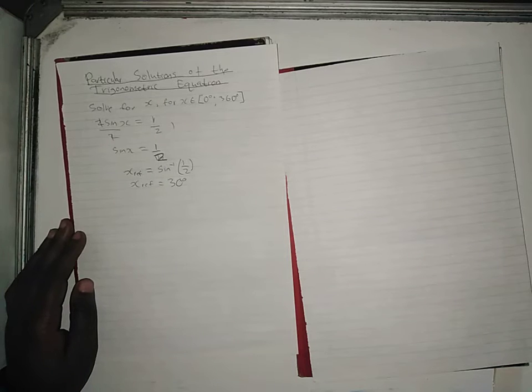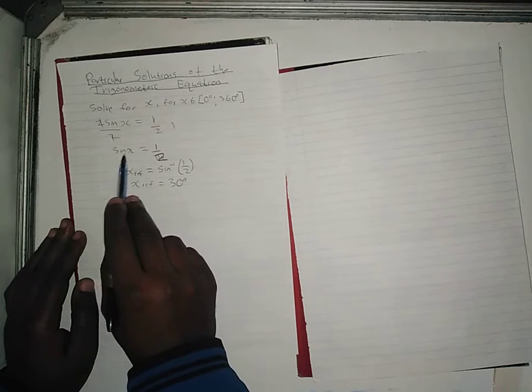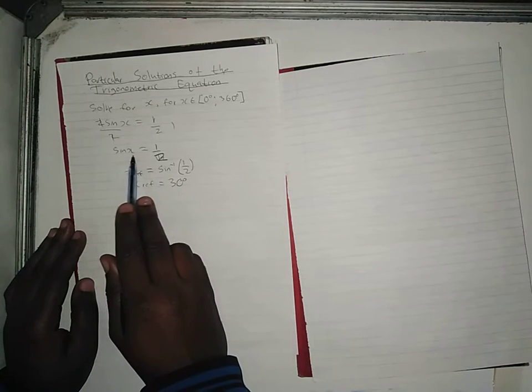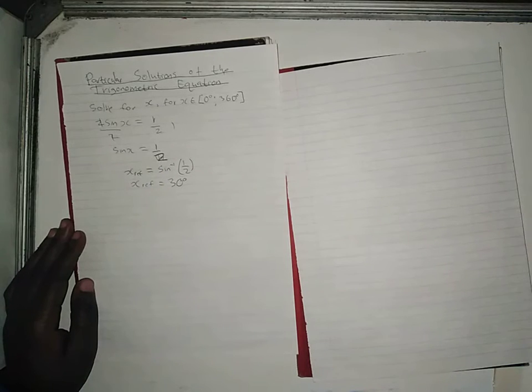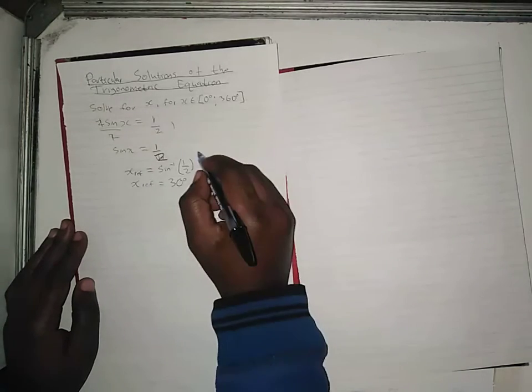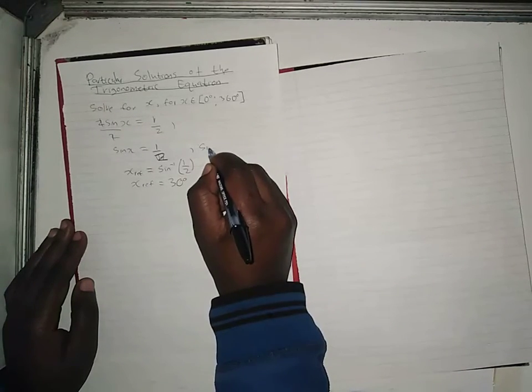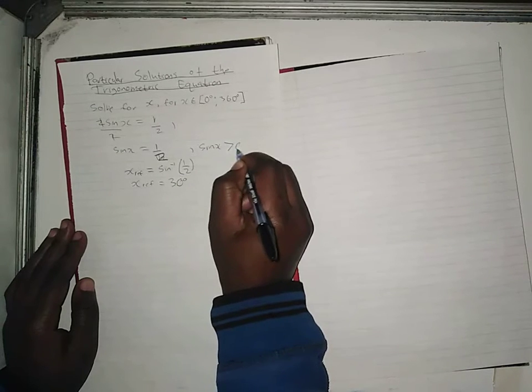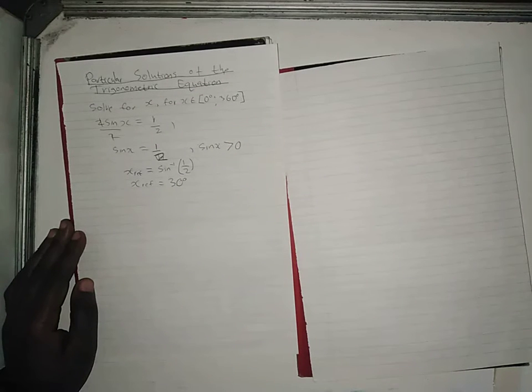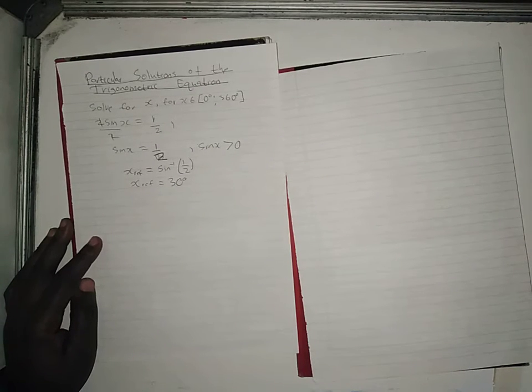All right, now when you look at this part, sine x is equal to 1 over 2. Note that this sine x is positive.